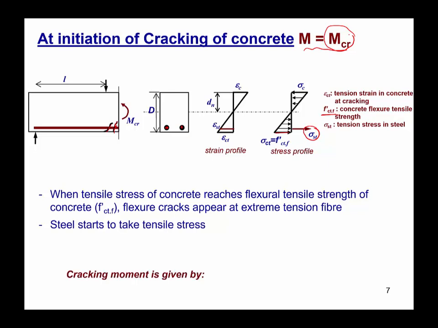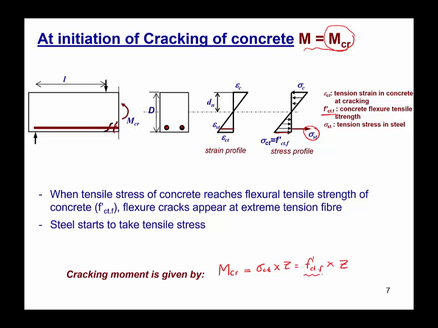Now at this point, the cracking moment is denoted by MCR, and using the flexural formula again, it can be computed by the stress at the extreme tension fiber multiplied by the section modulus. We know that when the concrete will start to crack, sigma CT is equal to the tensile strength of the concrete, multiplied by the section modulus.